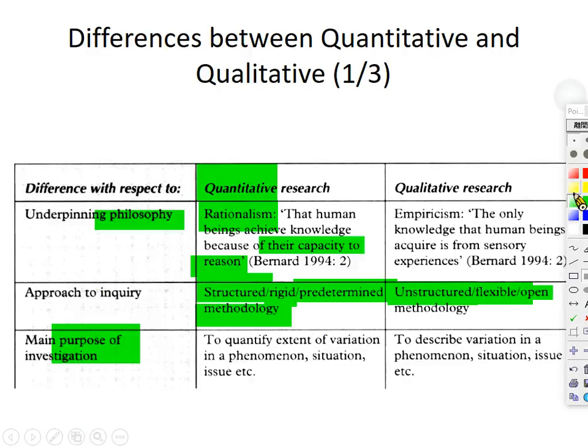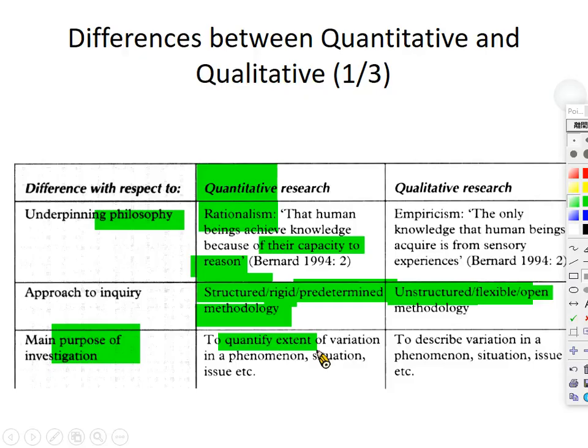Anyway, okay, let's talk about the main purpose of investigation. The first one for quantitative, of course, is to quantify, to give them numbers. We have a phenomenon, we have a situation, we have some issues, right?